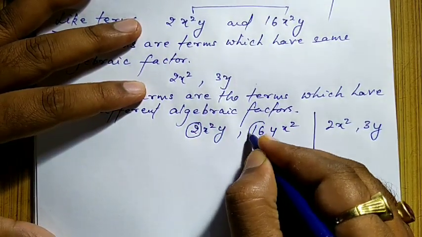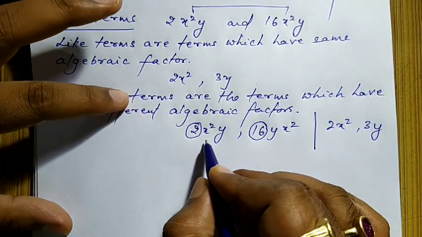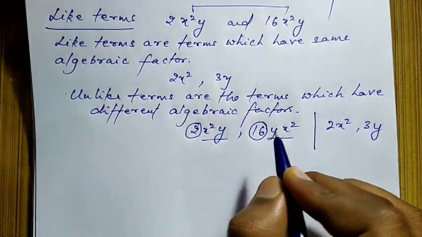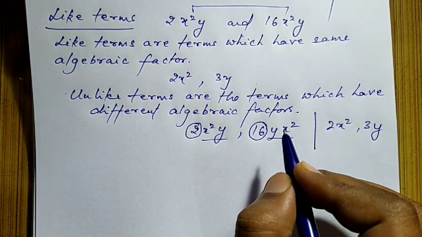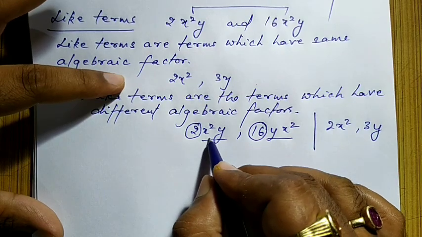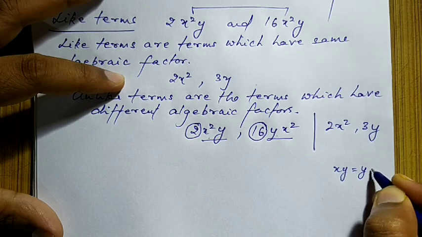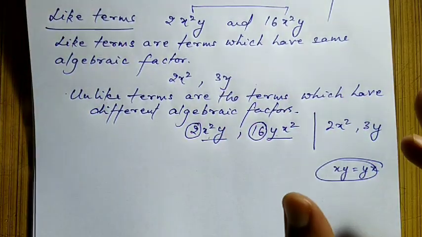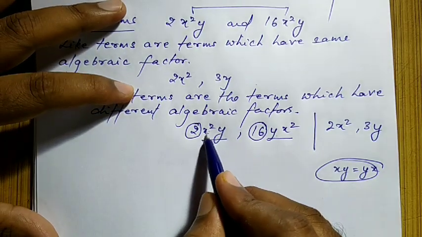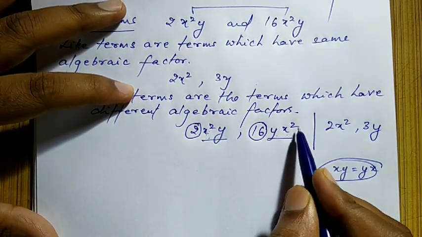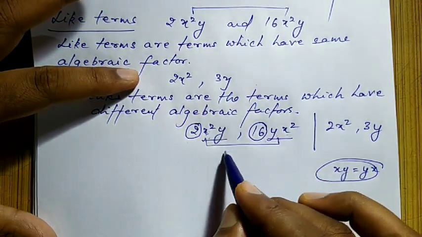Concentrate on the algebraic part of the term. Check the variables in the term, they must be same. See here, x square y and yx square, xy is equal to yx. Next check the power of each variable in the term. See, x to the power 2, here also x to the power 2. So these two are like terms.